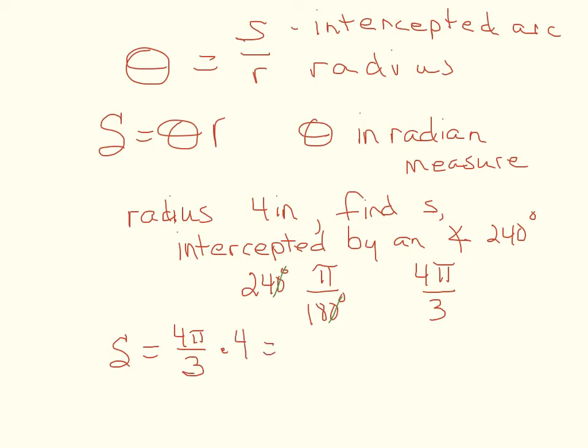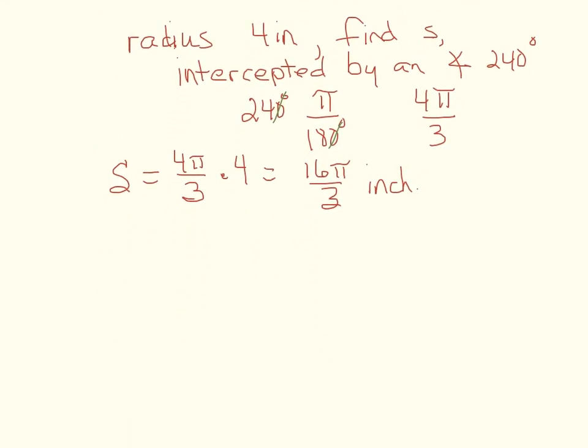So the intercepted arc is going to be 16 pi over 3 inches. Pretty easy?